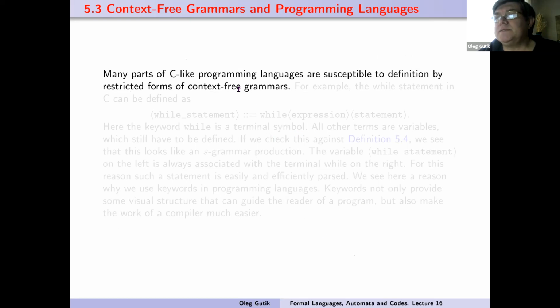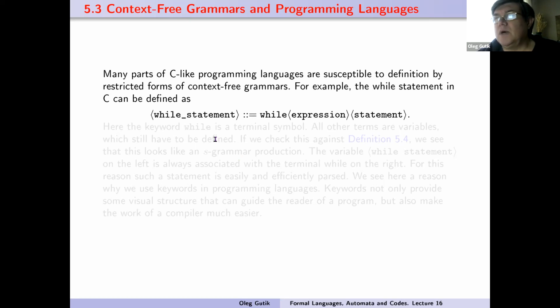Many parts of C-like programming languages are susceptible to definition by restricted forms of context-free grammars. For example, the while statement in C can be defined as while statement ::= while expression statement. Here, the keyword while is a terminal symbol. All other terms are variables which still have to be defined.